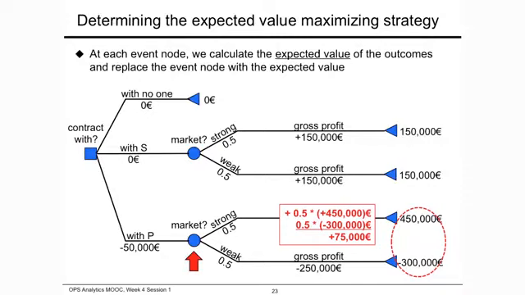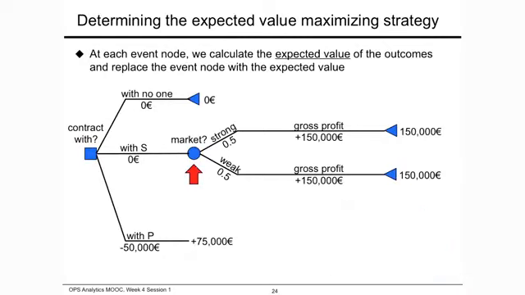We'll take that expected value and substitute it for the event node and move up to supplier S. The same calculation for supplier S has 150,000 for both outcomes, and it's not hard to see that when we weight both outcomes by 0.5, the expected value is also 150,000.